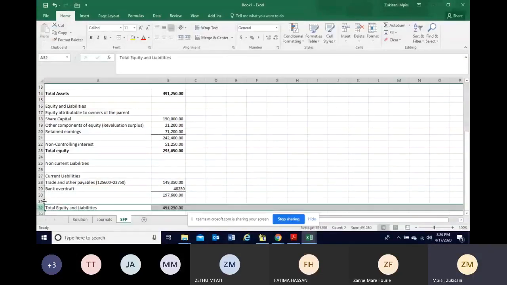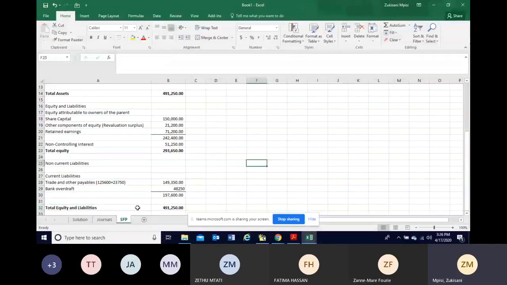So the two amounts then balance. Right, and that makes us now complete with our question 3. What I want you to note is how we started in the beginning.